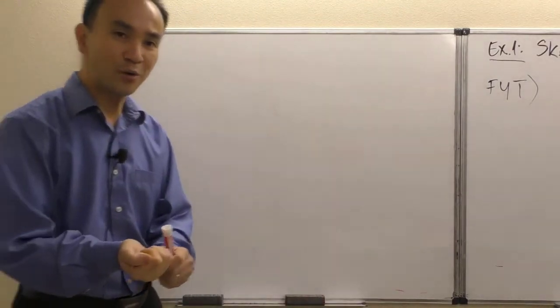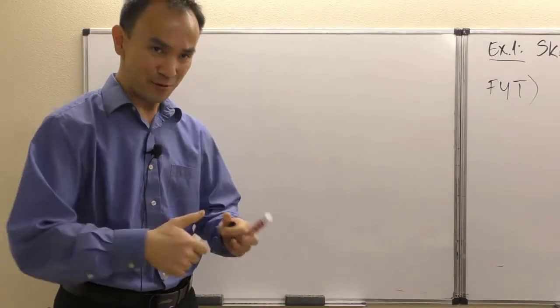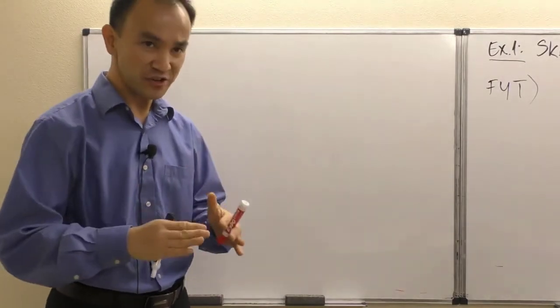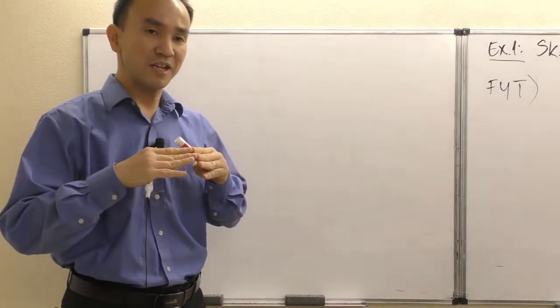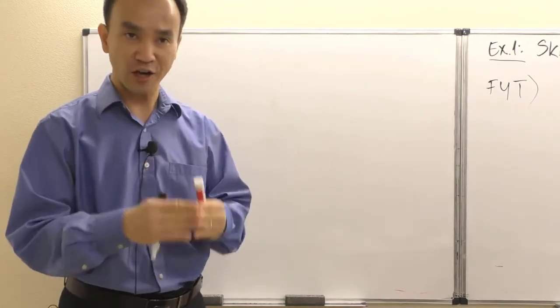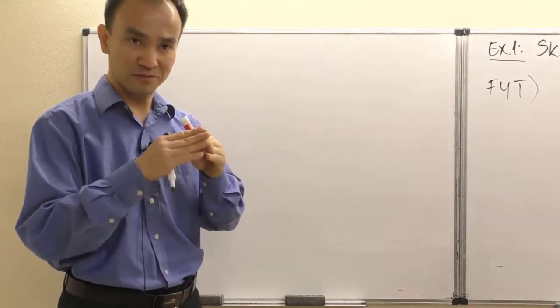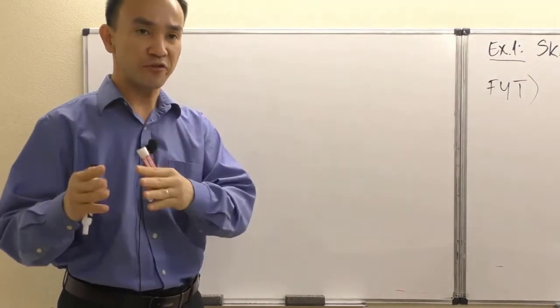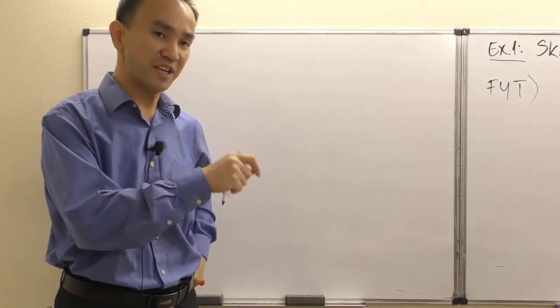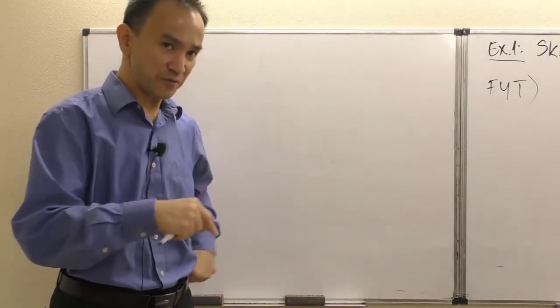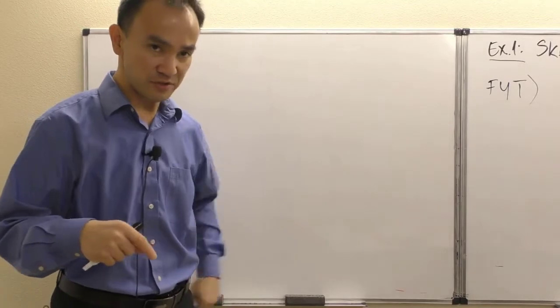All right, so now we are ready for another example. And in this example, the intention is to introduce how you can use a technology to graph, to sketch the graph, to generate the graph of a logarithm function, any of those logarithm functions that we have seen earlier.